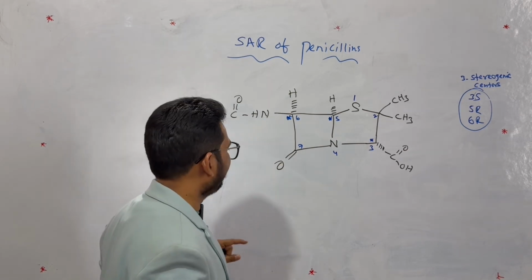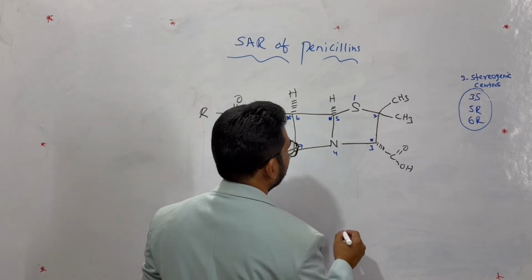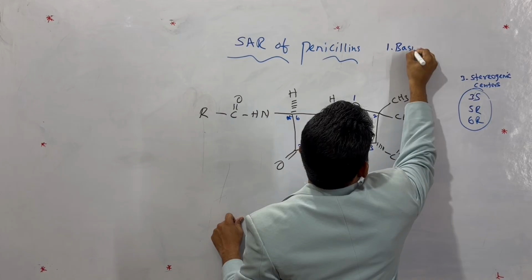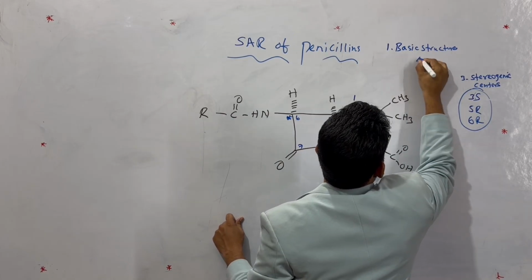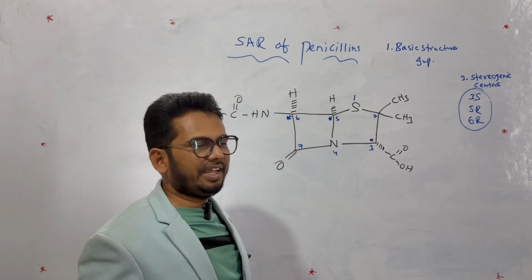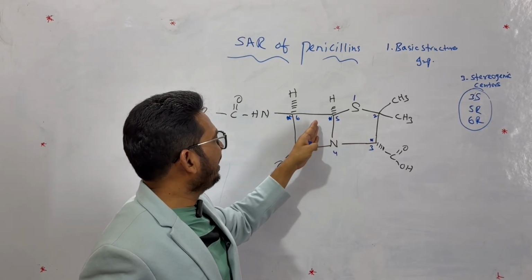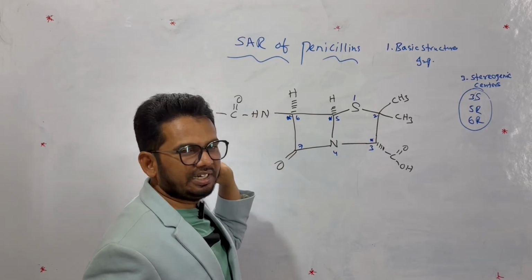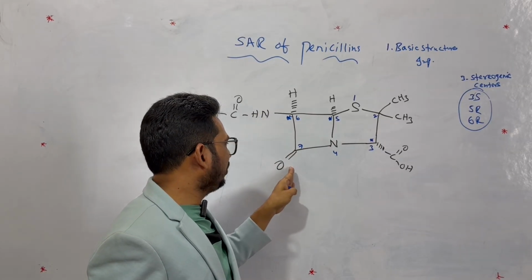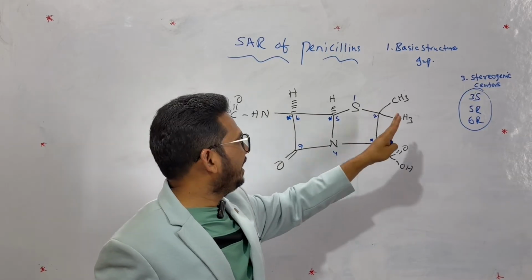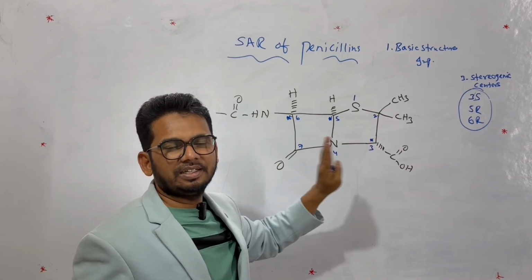Remember that. Then what is the first point we will write? The first point we will write is that the basic skeleton, the basic structure, is important. You can explain this. Basic structure means what does it contain? Thiazolidine ring attached to the beta-lactam ring, with the side chain at the 6th position, then the ketonic group at the 7th position, the acid group at the 3rd position, the dialkyl group at the 2nd position, like this.